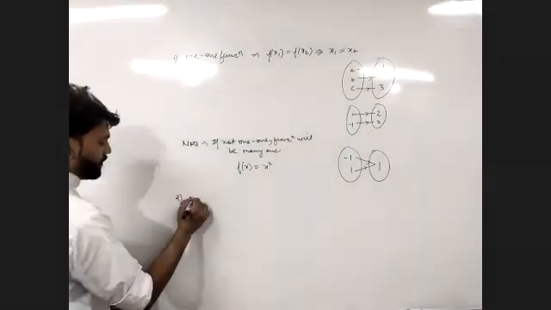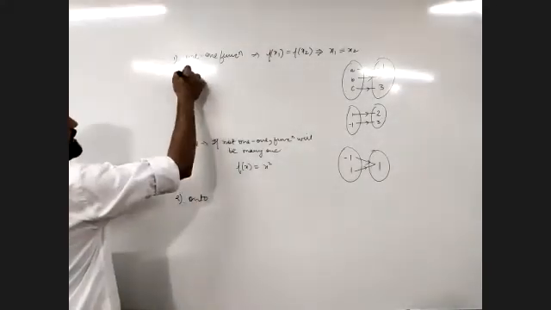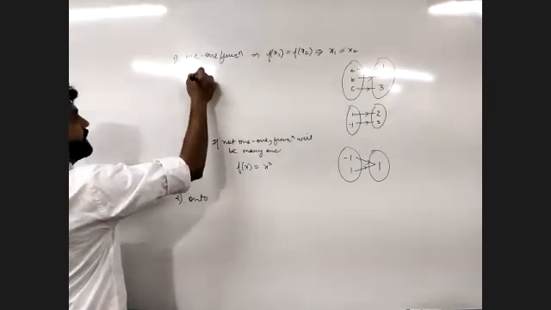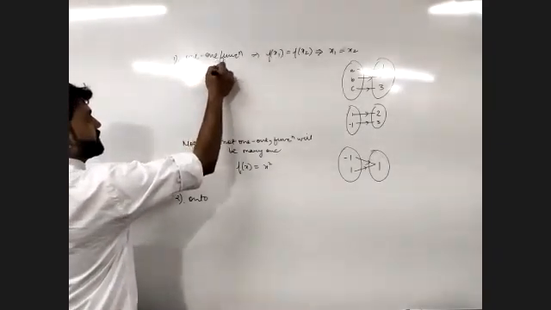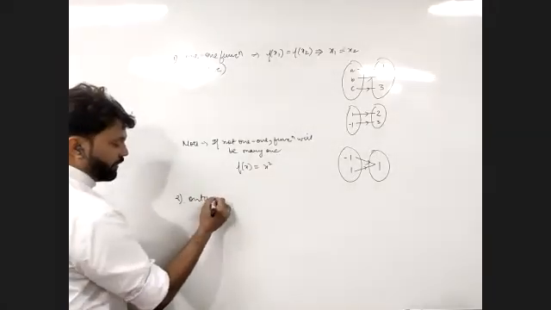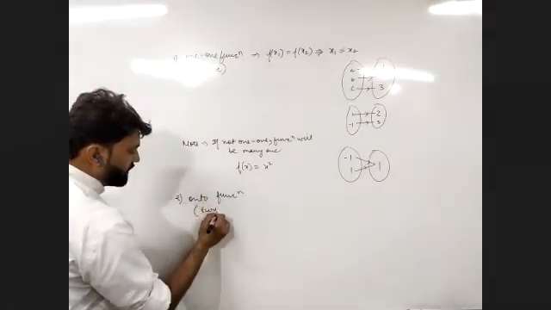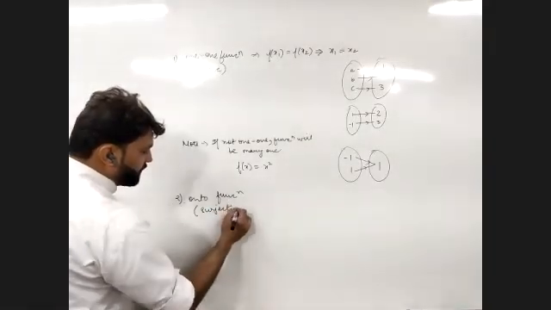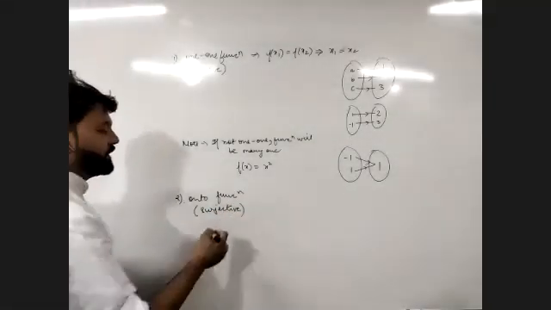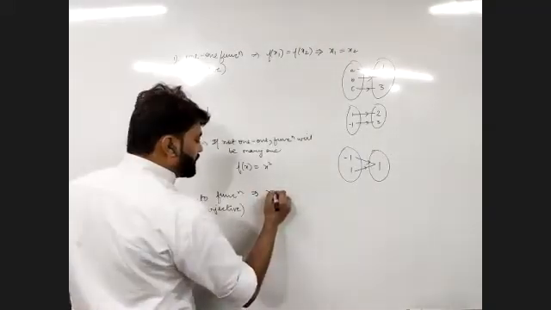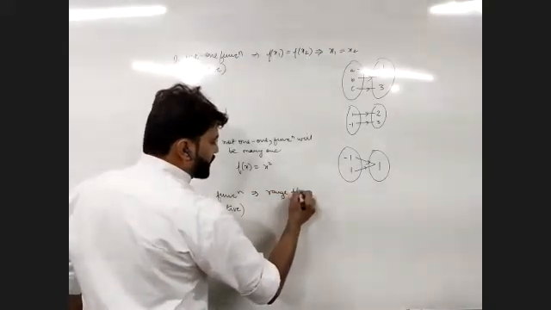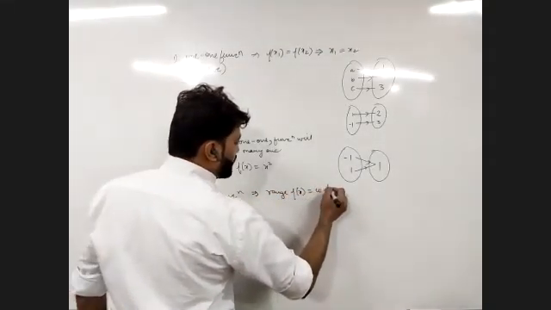Second is onto function. Other name for 1, 1 function is injective function. Then we have onto function. Other name for onto function is surjective function. For onto function, the necessary condition is that the range of the function should be equal to its codomain.